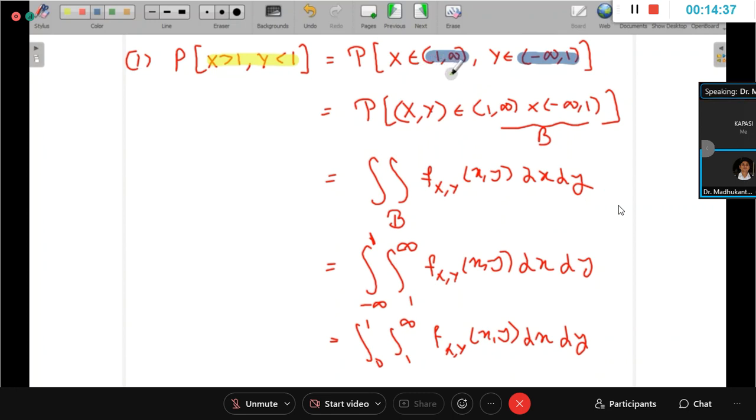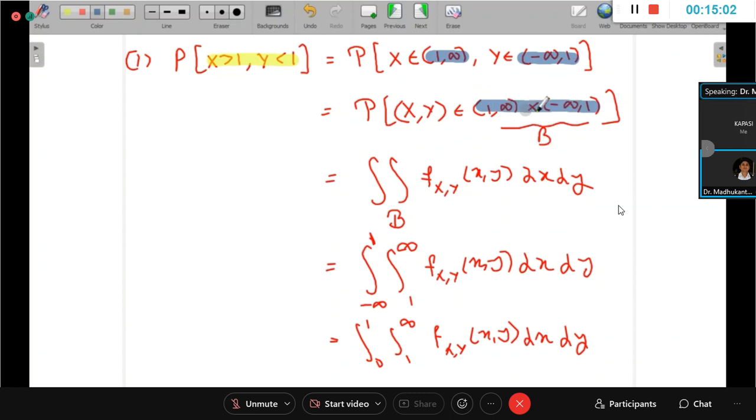So x lies here and y lies here, so together it gives rise to the following region. x is from 1 to infinity, this is the Cartesian product (1, infinity) cross (minus infinity, 1). In some sense you can also say this is some kind of rectangular region, of infinite length.